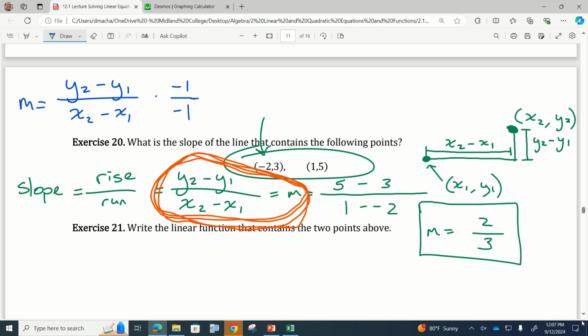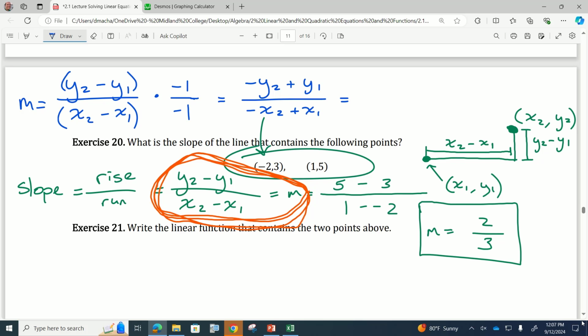So again, this is not changing the value of the slope if I choose to multiply by negative 1 over negative 1. But then I'm going to have to distribute in order to multiply across. So I'll end up with minus y2 plus y1, right? Because it's minus a negative. I'm multiplying the negative 1 times negative y1, so I get positive y1 in the end. And then the same thing happens in the denominator.